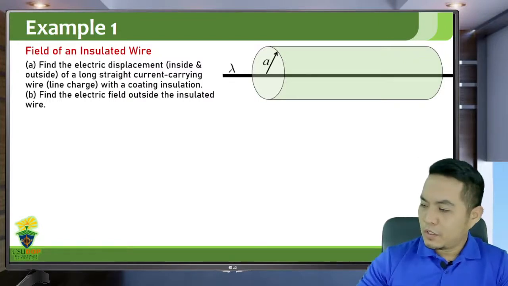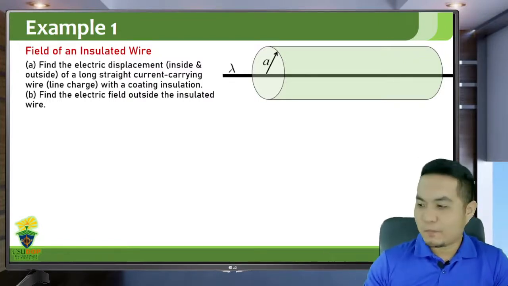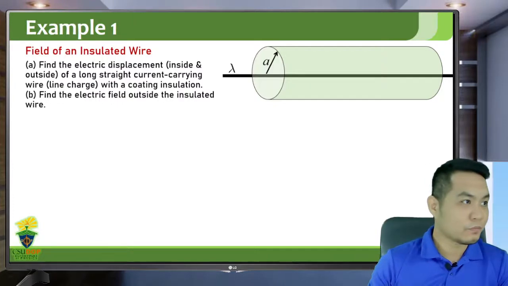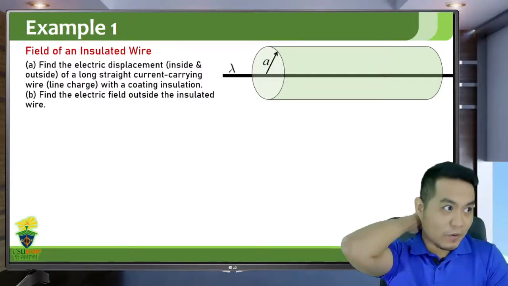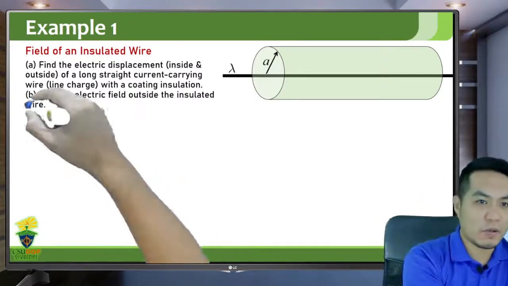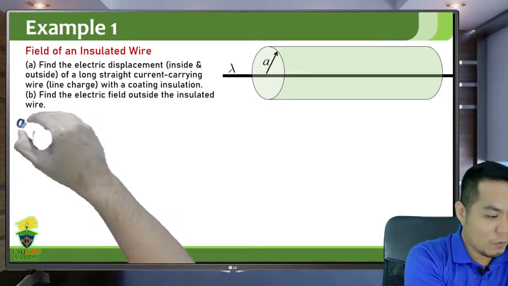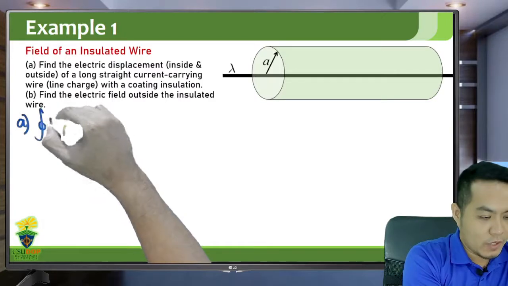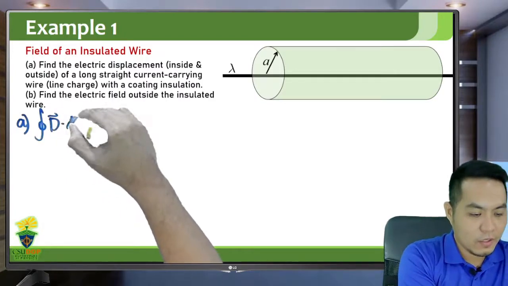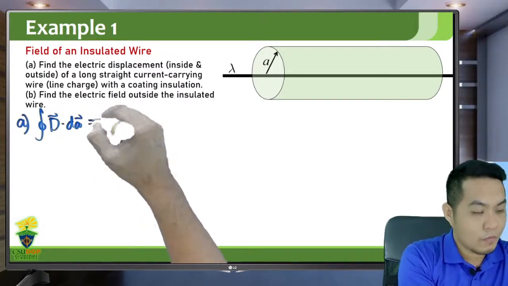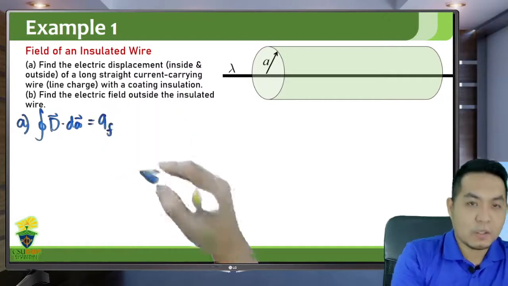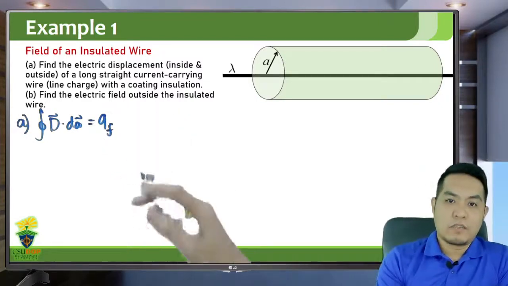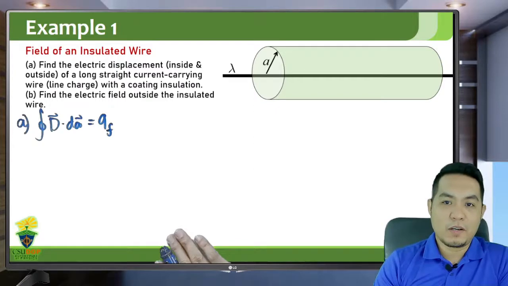Okay, so let's start with letter A. To find the electric displacement, we use the Gauss law for dielectrics, and we will just use the integral form. So the closed integral of D dot dA is equal to the charges enclosed by your Gaussian surface.